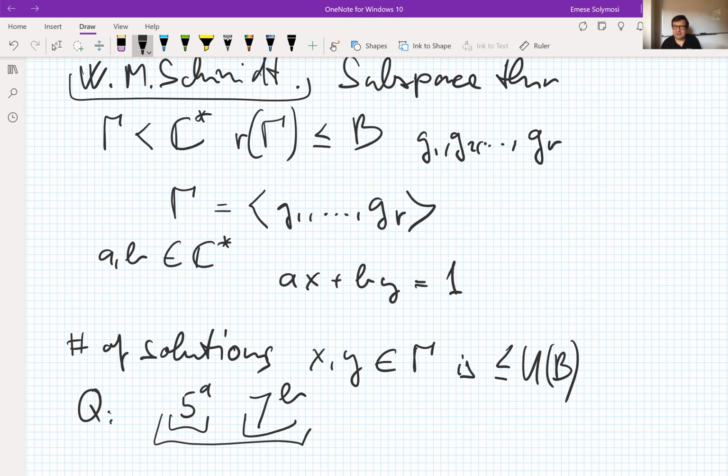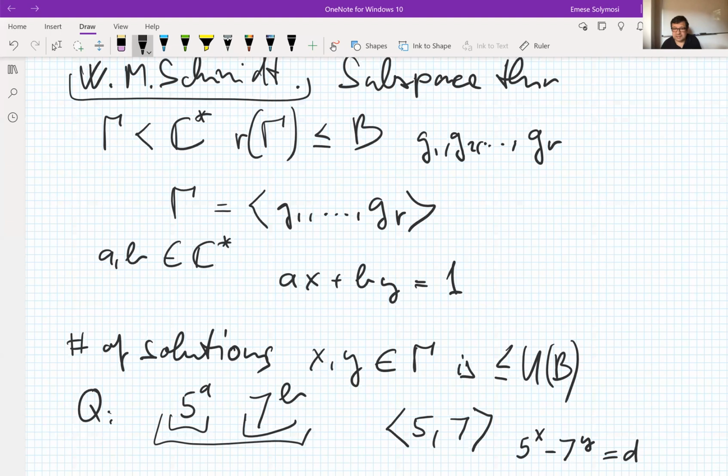But how would you use this theorem here to solve it? Any suggestion maybe from the audience? Maybe not. So we can see the group generated by 5 and 7. That's a group here as in the theorem. And what I'm interested in is how many times can we have 5 to the x minus 7 to the y equals d, for one distance d.